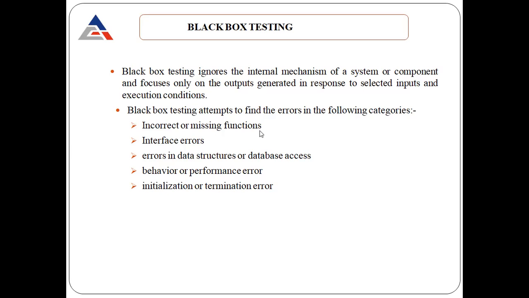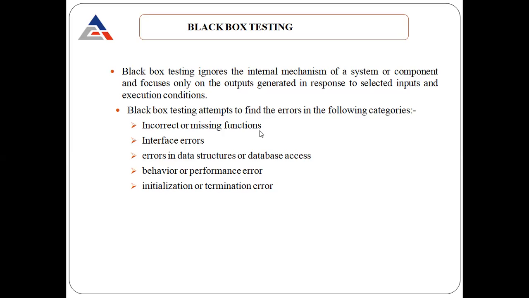Third, error in data structure or database access. Whatever data structure I'm using for holding the data, whether it is an array, a stack, or a queue, it may be giving some wrong behavior. Let's say that I have used a stack. If I want to add a new element, instead of adding it at the top, it's adding the new element at the end.